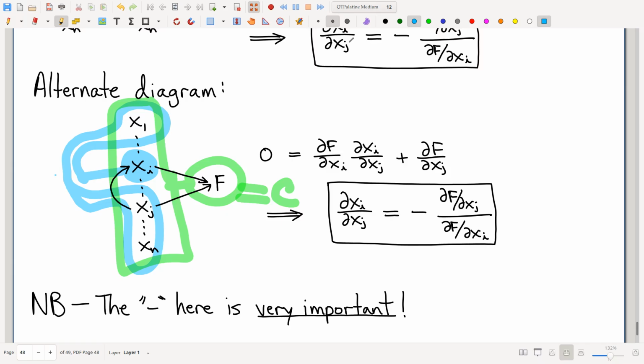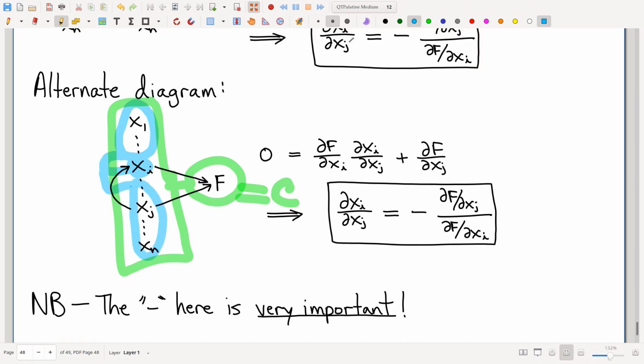Yeah, that didn't work out the way I wanted it to. Let me try that again. No, I missed it again. Okay, third time's the charm. There we go. Xi is a function of the others.